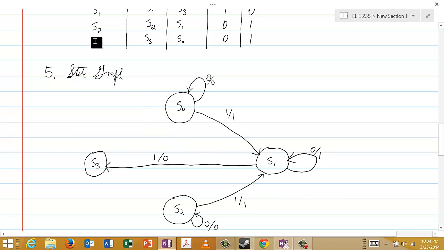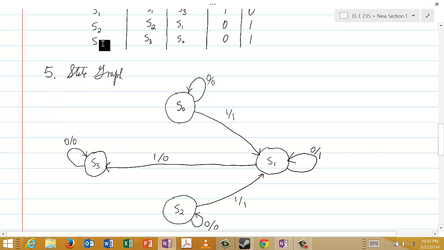And then finally, if we're in S3 and x is equal to 0, we'll stay in S3. And in that case, with the input of 0, the output would be 0.